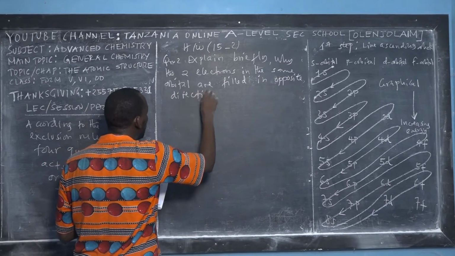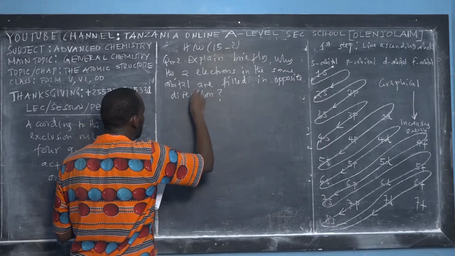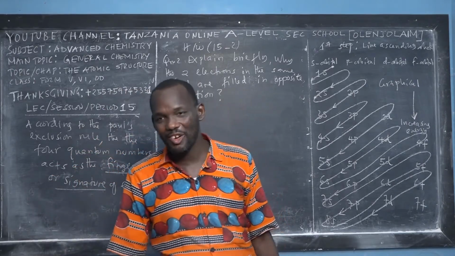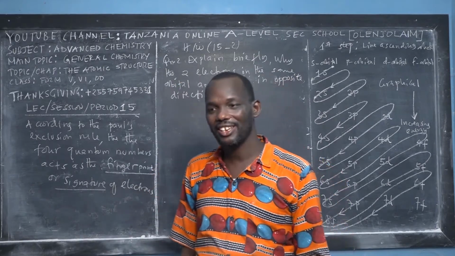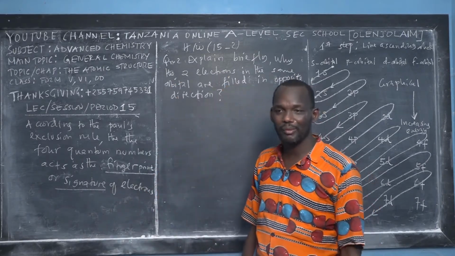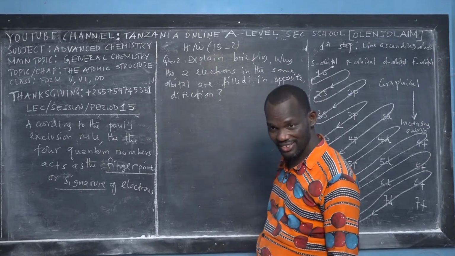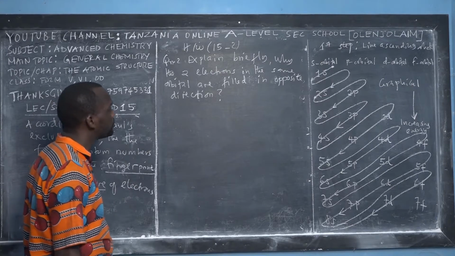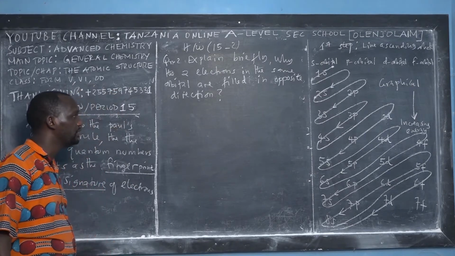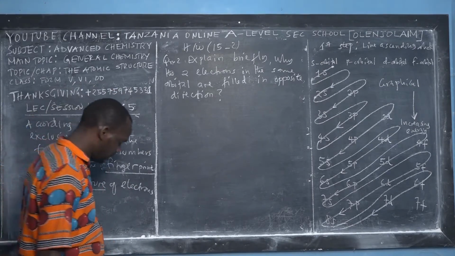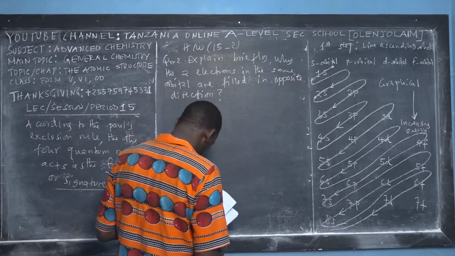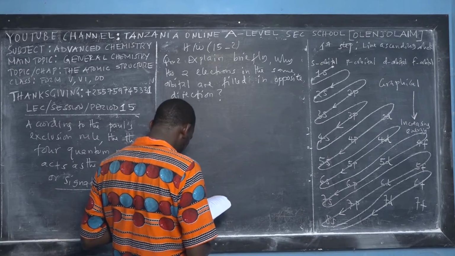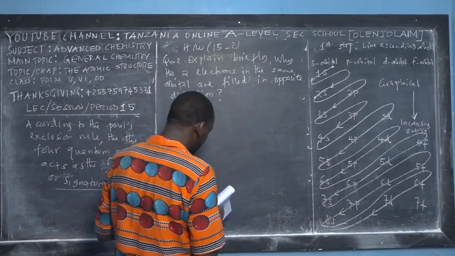So answer this homework and you can submit your homework in the comment section. The answers of all the homeworks, you have to submit them in the comment section to be reviewed. So explain briefly why the two electrons in the same orbital are filled in opposite directions. If you answer that question, we say that the rules of writing electron configurations are like rules of arranging candles in apartments. That's not a great deal.